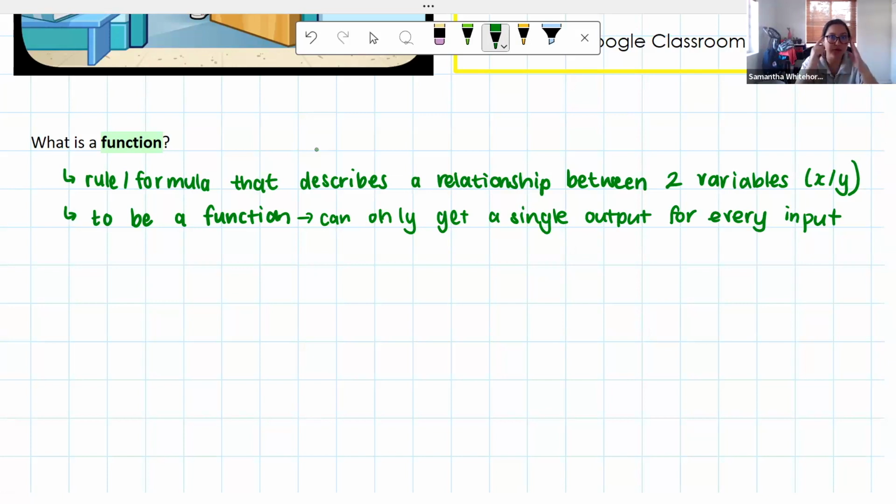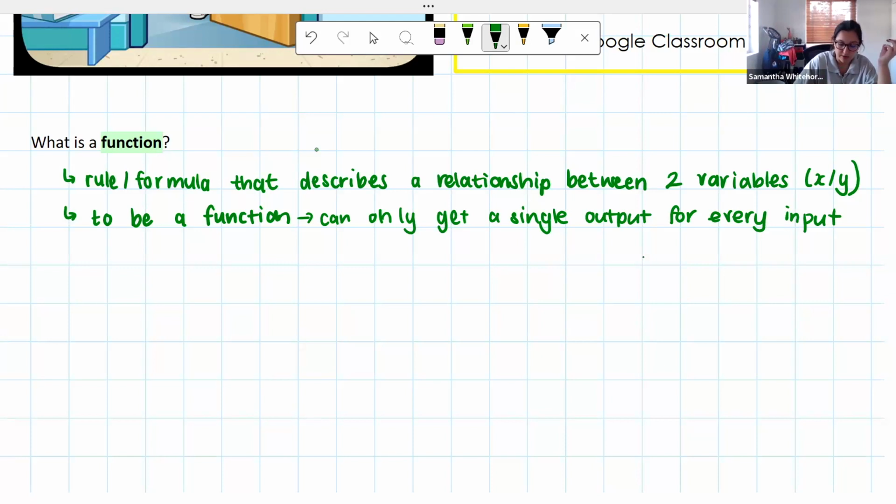So for example, if you substitute in the value of x, we should only get one y value. If I substitute in, say, 2, my corresponding output, I should only ever get one potential value.